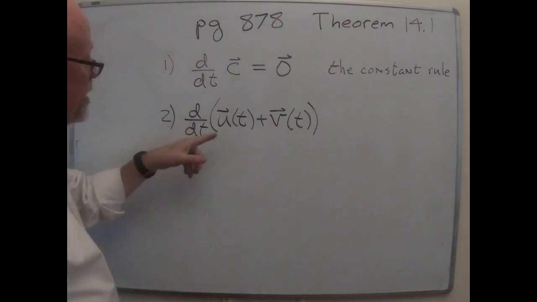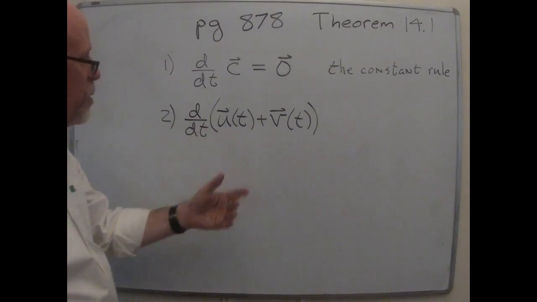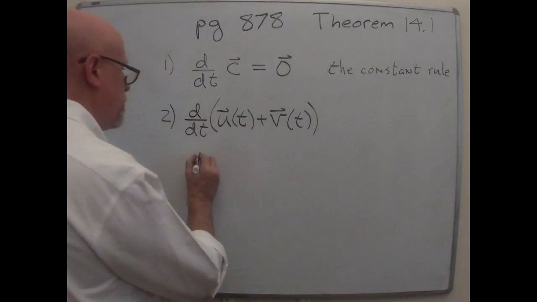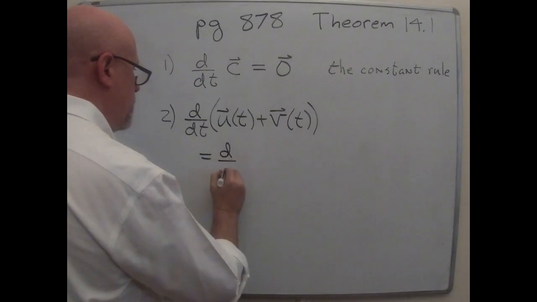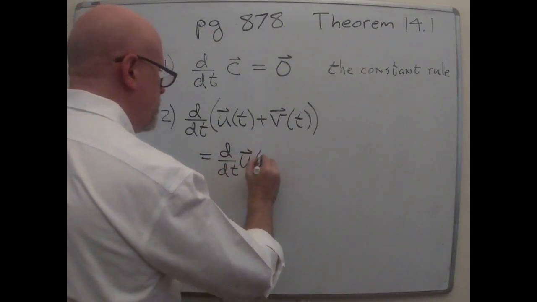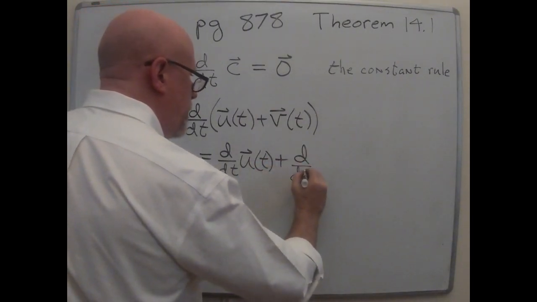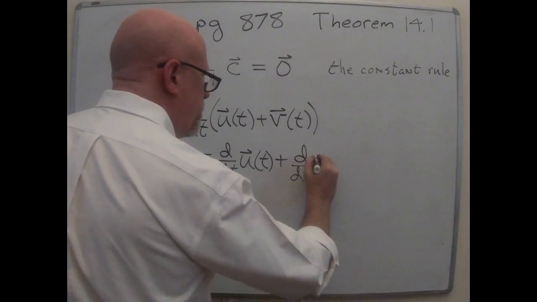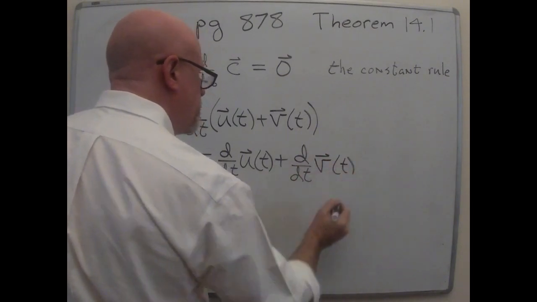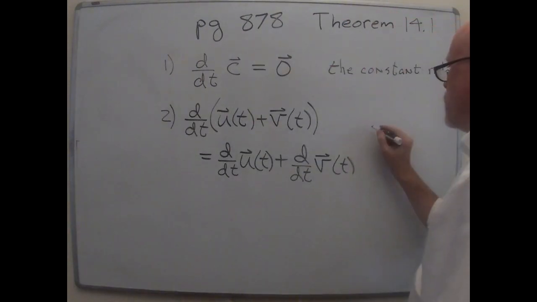If it was d by dx of f plus g, you just distribute the derivative. So that's what happens with vectors. You get d by dt of u, which depends on t, plus d by dt of v, a function of t. And that, very imaginatively, was named the sum rule.